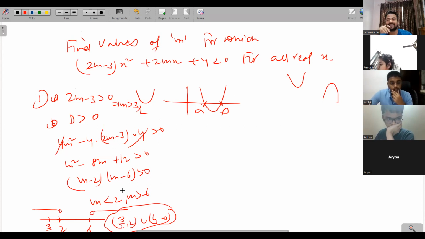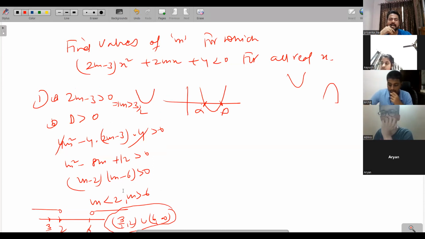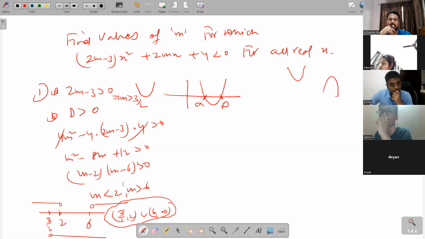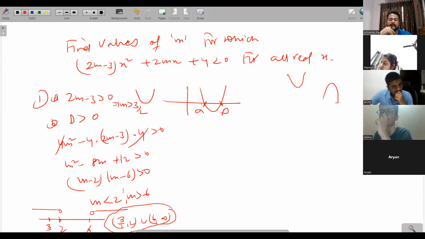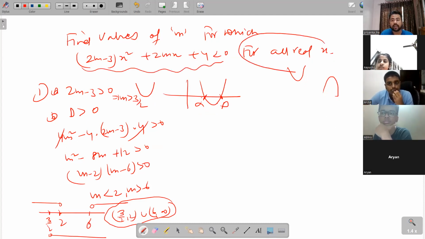But this is wrong. Why is this wrong? The graph will be concave downwards. Oh, no, no, no, no. I read this question incorrectly. See, it is saying that this quadratic has to be negative for all x.